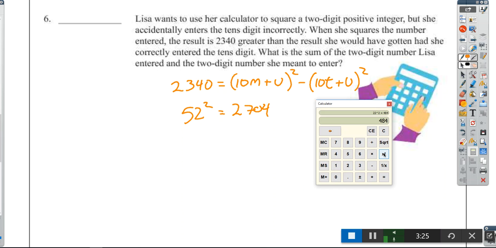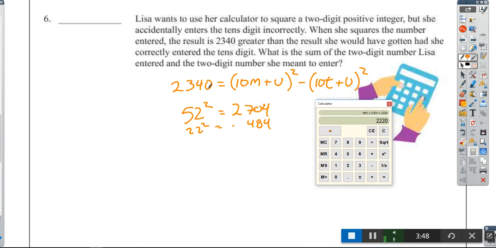So let's try, I'm just guessing, 22 squared. Because now I can subtract, so if I get 22 squared, then I get 484, so I can subtract that. Oh, that is close, but it's not right.